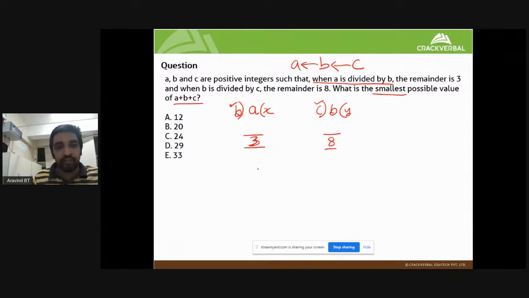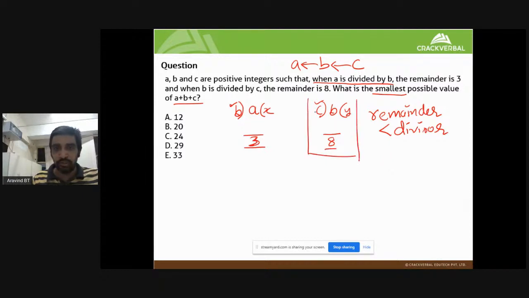Now, there is one fundamental property which we understood, that the remainder is always going to be smaller than the divisor. We discussed this, right? So look at this particular situation. This will tell you that 8 has to be less than C. The remainder has to be less than the divisor.